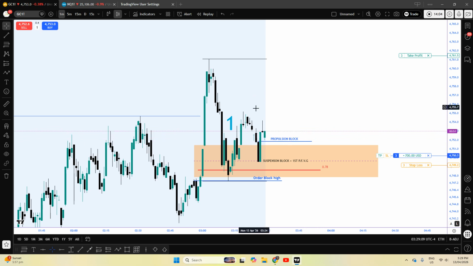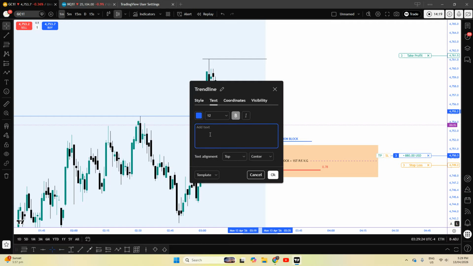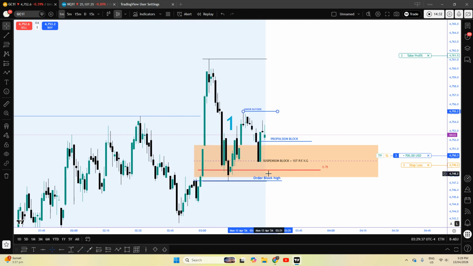So I see speed to the upside, taking out these highs and getting back up here again. So I want to see some speed, taking out this minor buy side liquidity. So right now, I see speed take out this minor buy side liquidity.